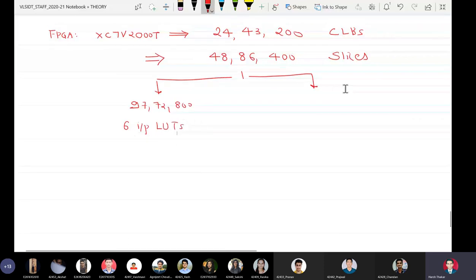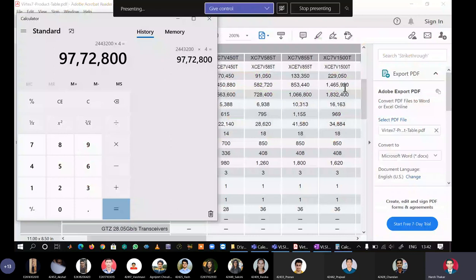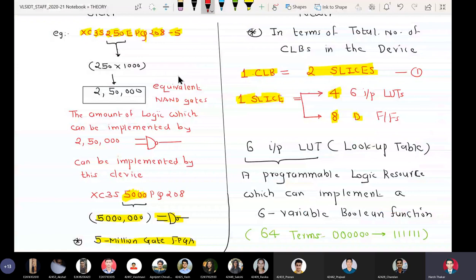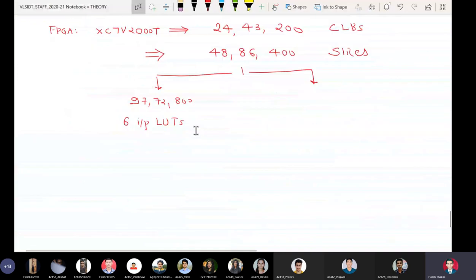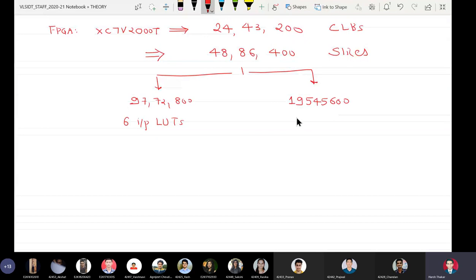And into 8: 2443200 into 8, so it contains 19545,600.